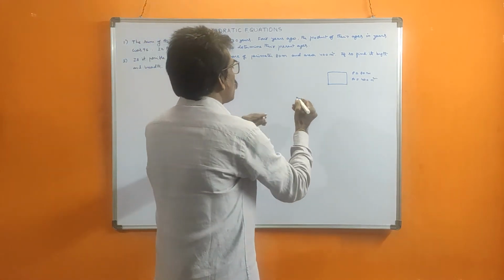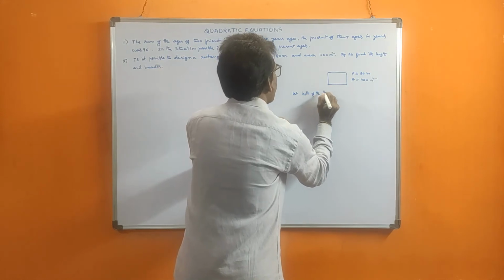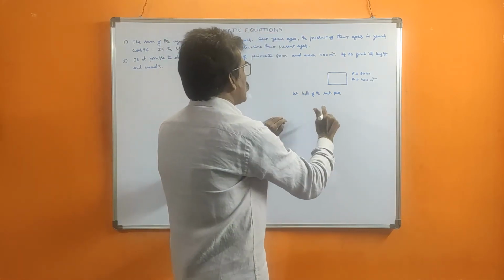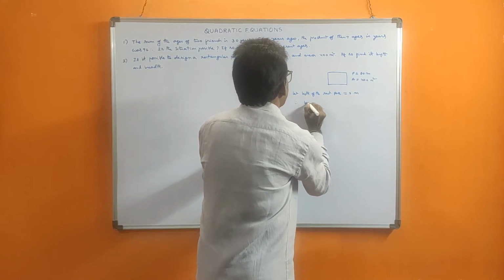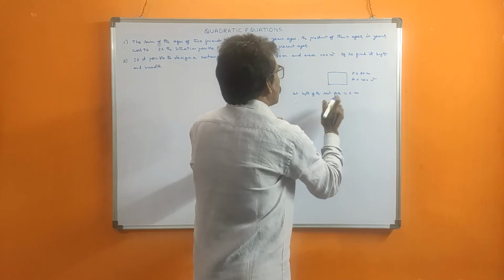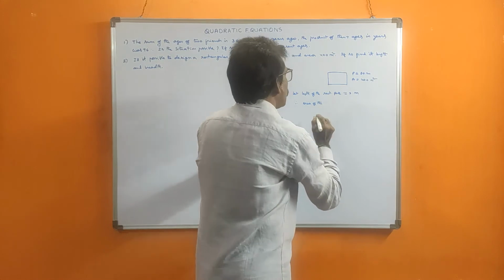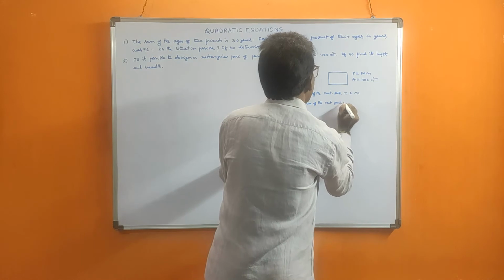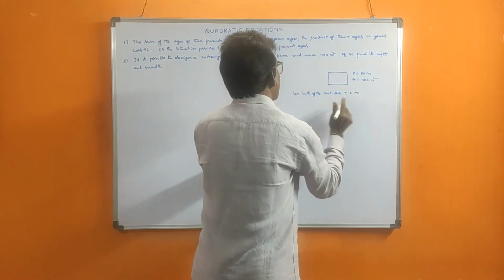So, okay. Now, let the length of the rectangular park be x meters. Therefore, breadth. Okay. Now, we can find the perimeter, which is better.